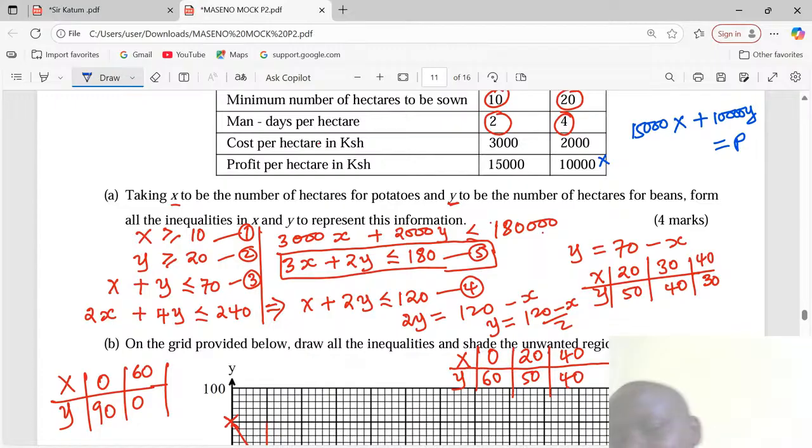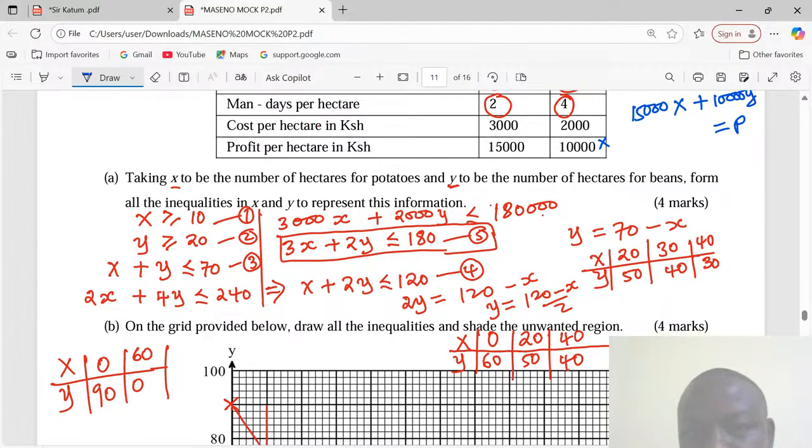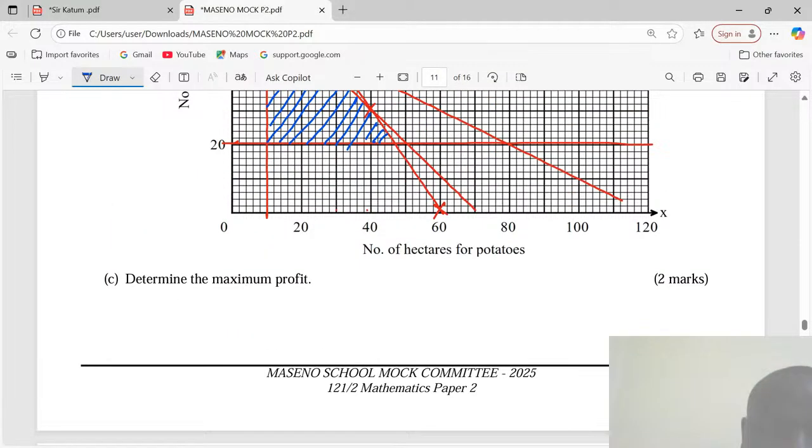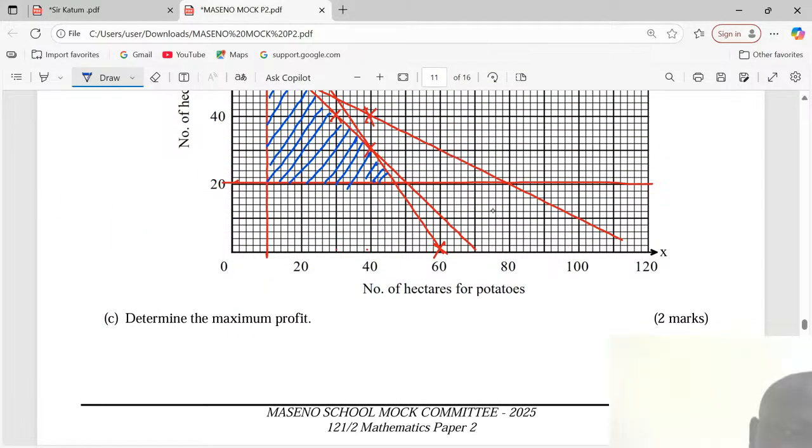This one we call the objective function. With the objective function, we can draw what we call a search line. 15,000 x and 10,000 y give us the objective function.